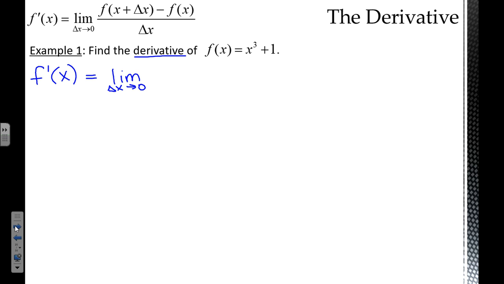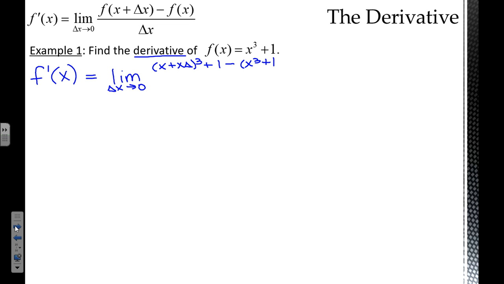Delta x, sometimes we see an h there instead for height. That is totally fine. If you want to use h, you can. All right, so f of x plus h means we're plugging x plus delta x into our function. We are then subtracting our function.